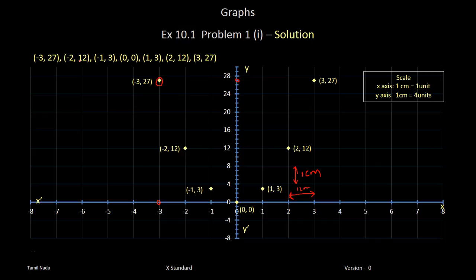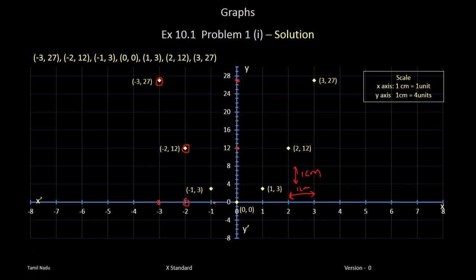Now next one is -2, 12. So x is equal to -2. So this is one place to start with, and 12 is here, okay? So you go here horizontally and you go vertically. So this is the intersecting point. So that represents -2 and 12. Next is -1 and 3.